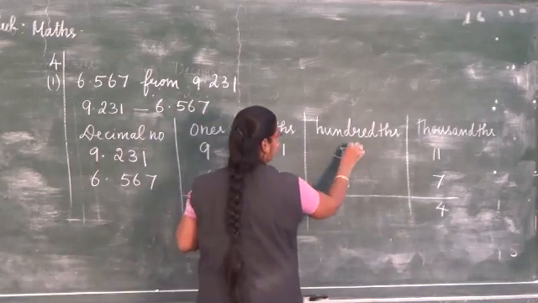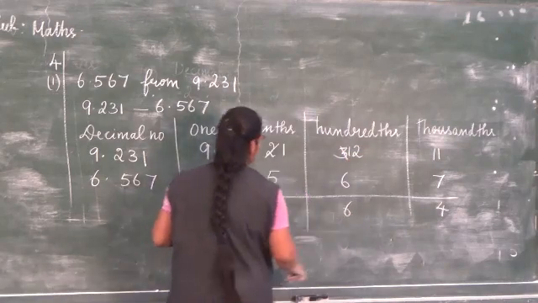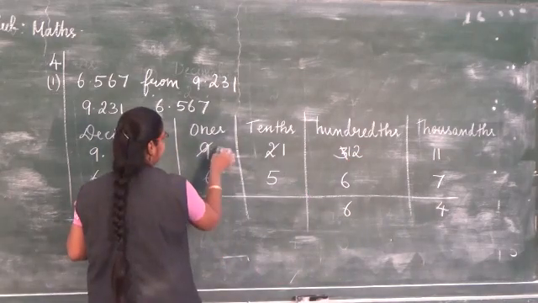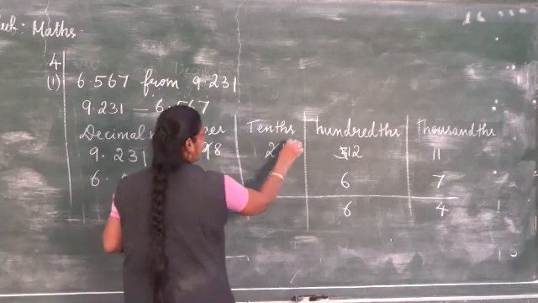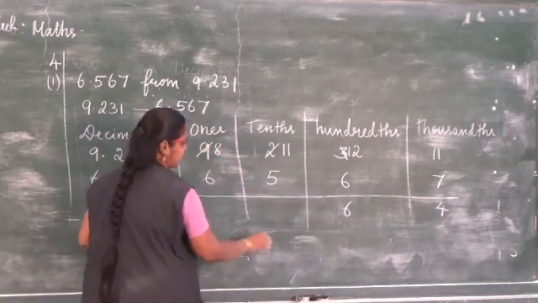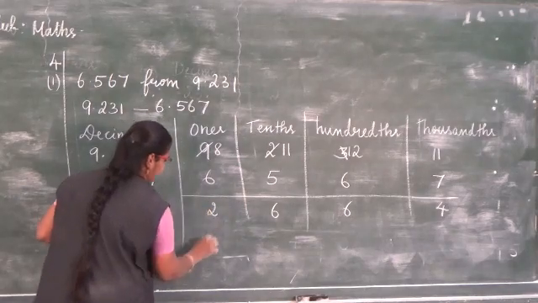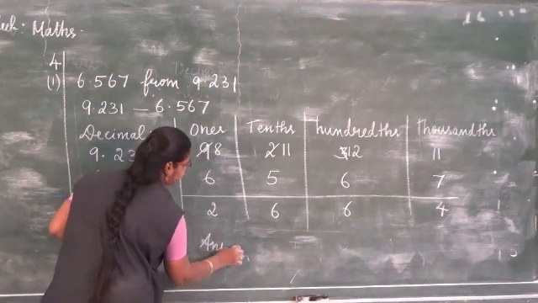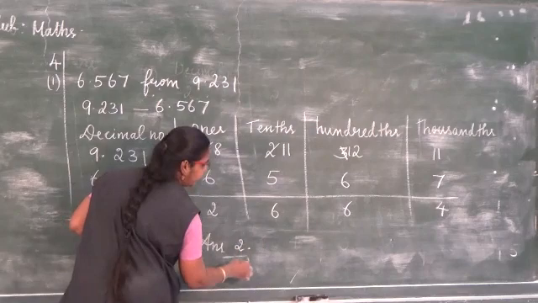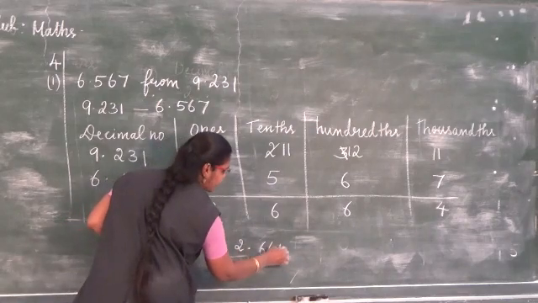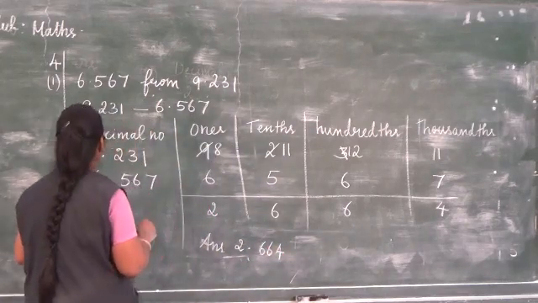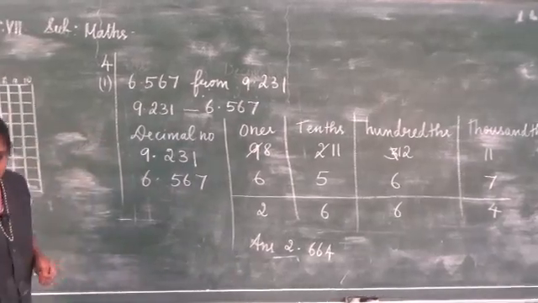So borrow here 12. 12 minus 6, 6. So here 8. Here 11. 11 minus 5, 6. 8 minus 6, 2. So the answer is 2.664. So this is the way you have to write in the place value grid.